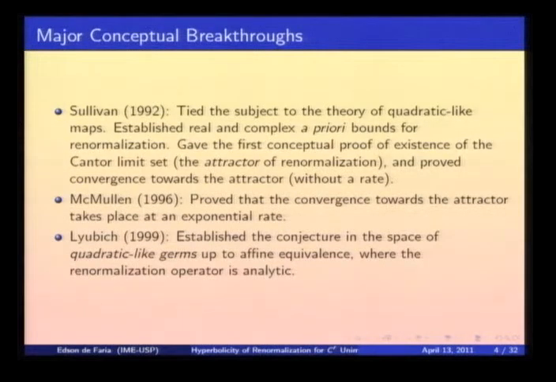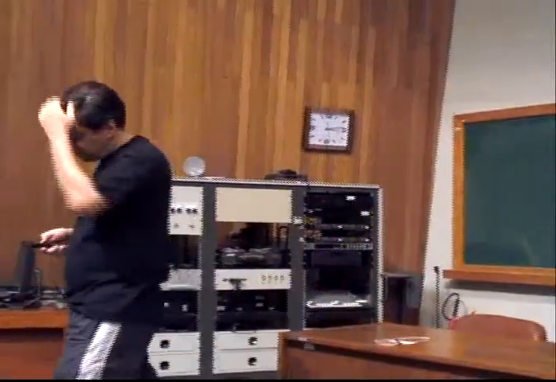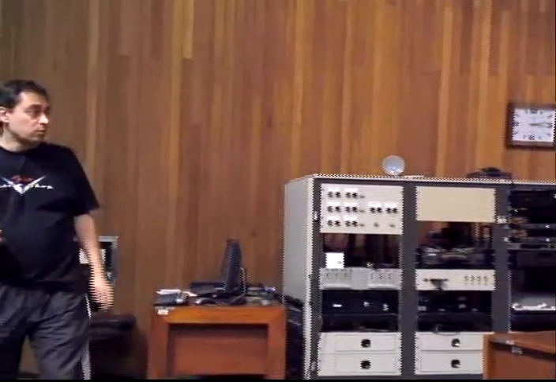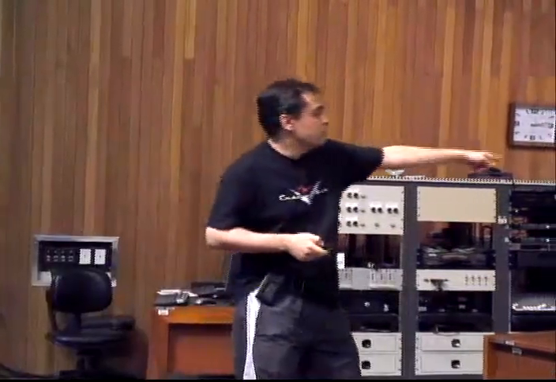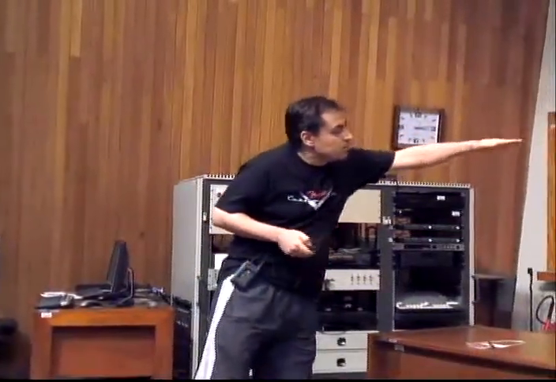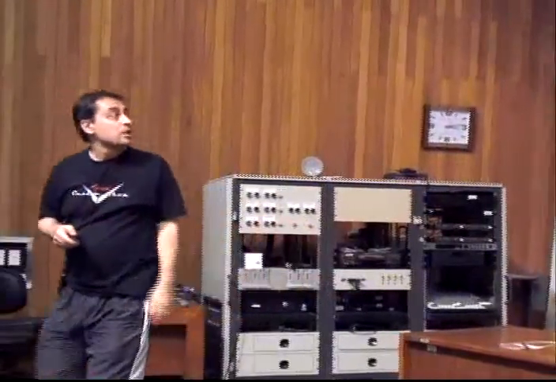So these are germs of maps like the ones that I drew on the board here. These are quadratic-like maps. These are complex analytic maps defined on some disk, mapping it onto a larger disk. So in this picture you have U, you have V, you have F. F is a 2-to-1 map that has degree 2, has a critical point there at 0, and it restricts to one of these unimodal maps when you look at things on the line, okay?